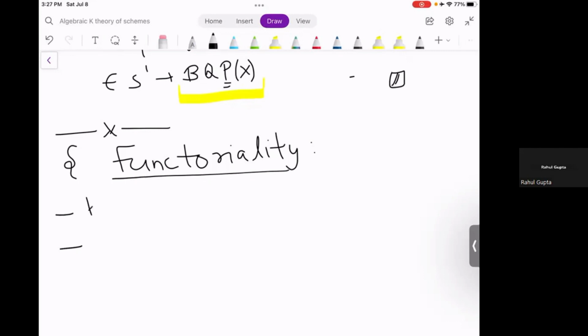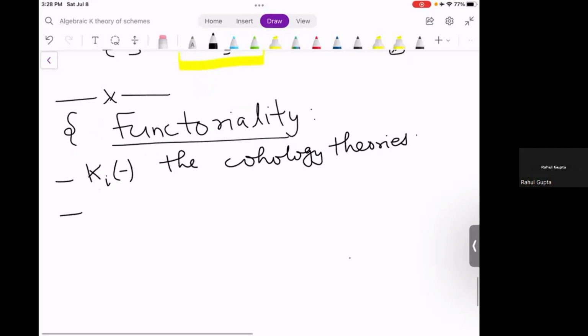We want to say that K_i of X are cohomology theories. The idea is that this should be a generalized cohomology theory, while G_i of X are homology theories.